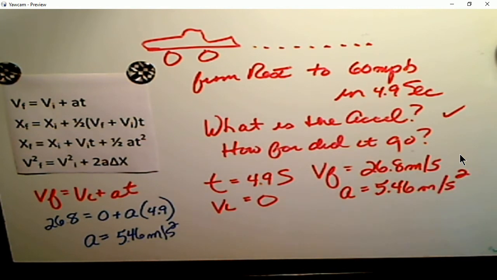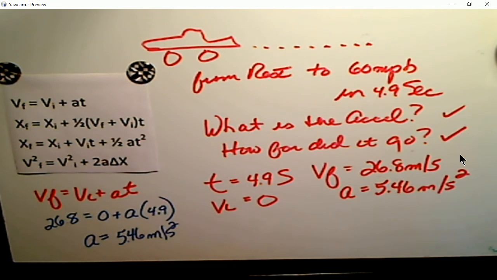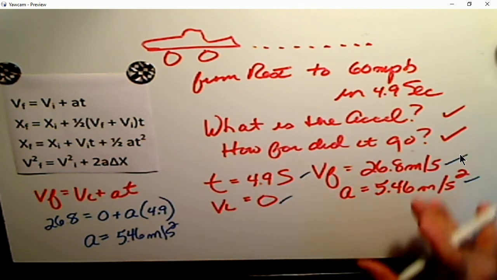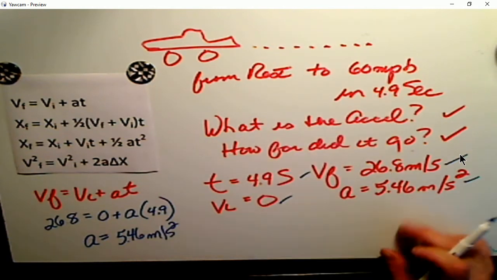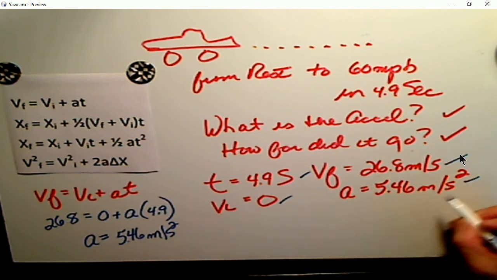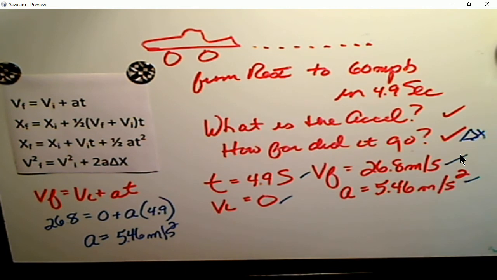Now the second question asks, how far did it go? Given these variables that we have defined in our problem, as well as calculated in terms of acceleration, we need to find change in x, change in displacement.